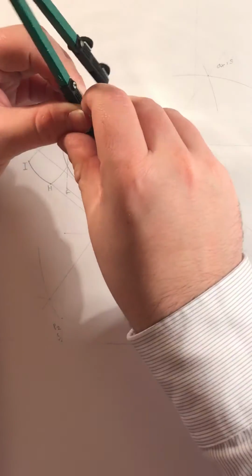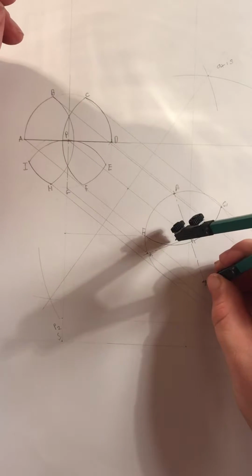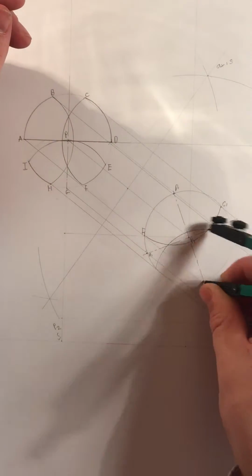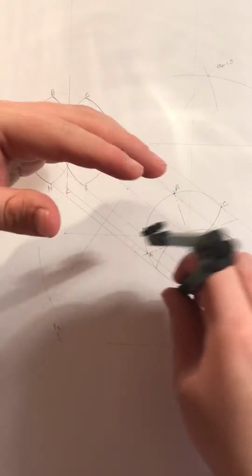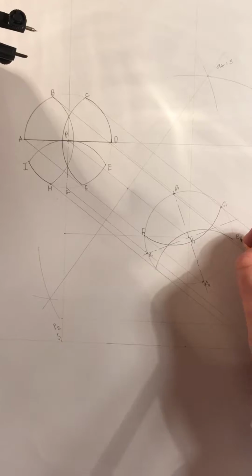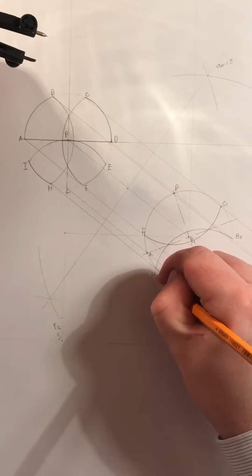Now I'm going to do it the other side from A. So I'm going to get B1, H1.